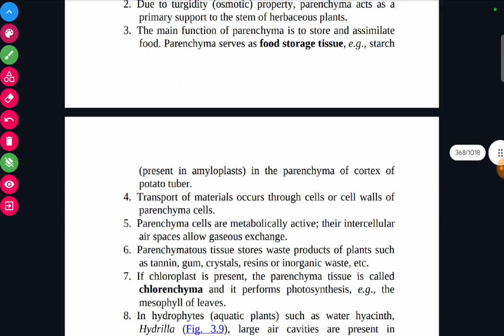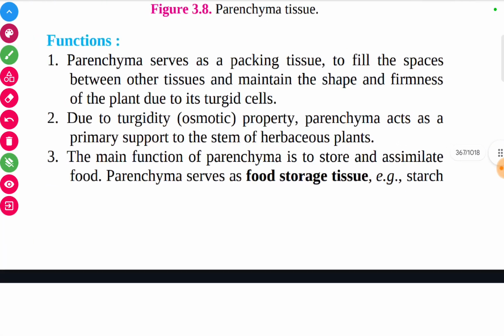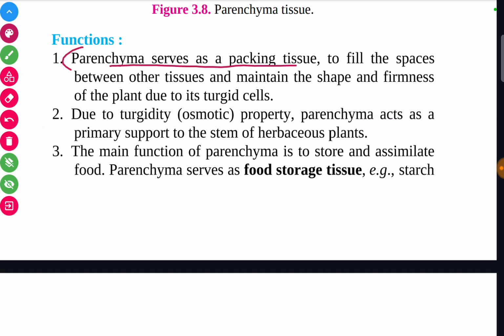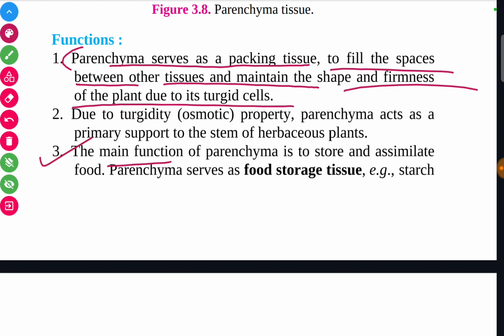Now what is the function of parenchyma cells? We will look at the very important ones. Parenchyma serves as a packing tissue to fill the spaces between other tissues and maintain the shape and firmness of the plant due to the rigid cells. The main function of parenchyma is to store and assimilate food. Parenchyma serves as a food storage tissue, for example starch.